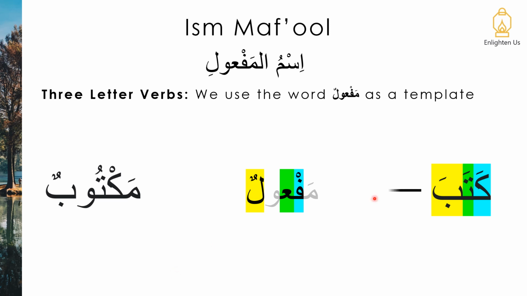So what does this mean in practice? Well, again, we've added the meme, because the meme and the waw here are additional. So we've added the meme with a fatha. Our kaf has a sukoon because the fa has a sukoon. The ta now has a dhamma, and we've added the waw for elongation, and the ba is finishing with a tanween, maktoob. So that's how we go from kataba to maktoob.